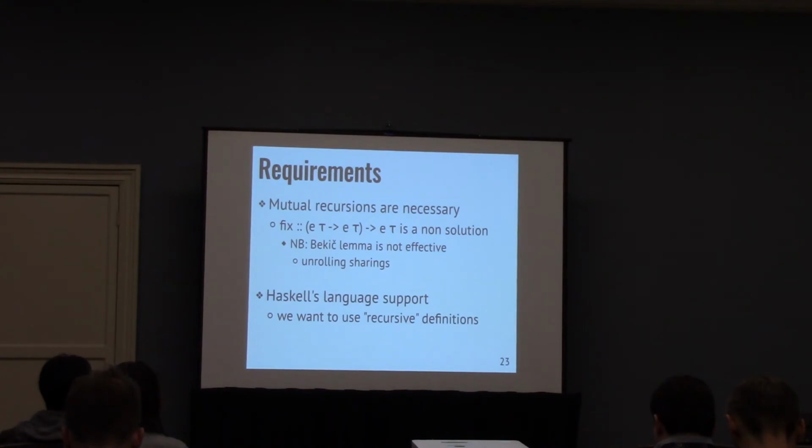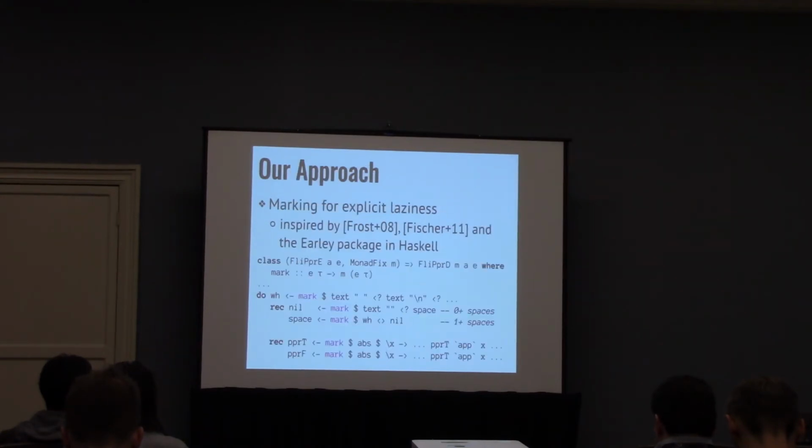Fortunately, we have a solution. By using existing techniques, we use marking for explicit laziness. We extend the type class Flipper E to Flipper D, where D stands for declaration. It has a mark method that takes a Flipper expression and returns it enclosed in some monad.